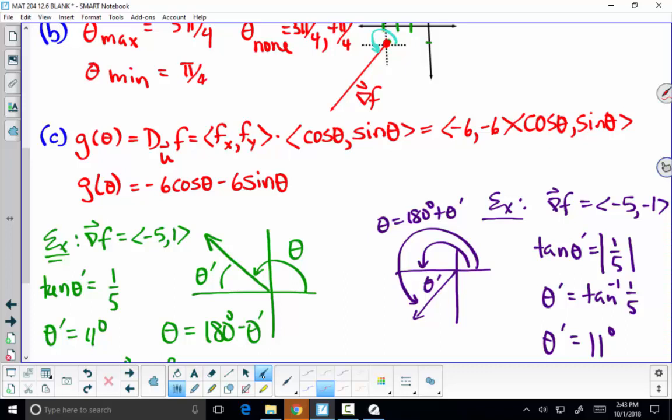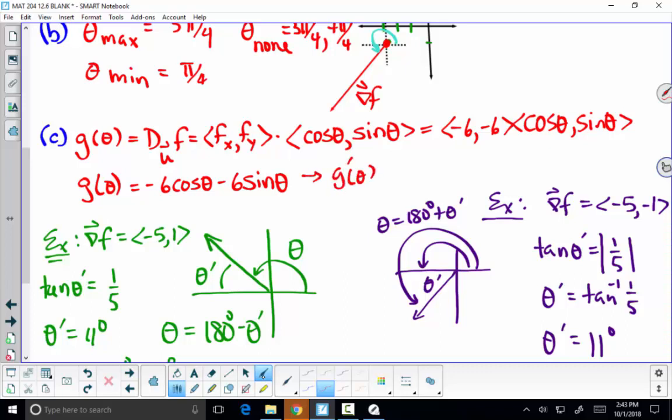If someone says, here's a function, find the place at which it has maximum rate of change. Do you agree? If we want to maximize this function, we take its derivative and set it to 0. And we should get the same answer. We better get the same theta, right?